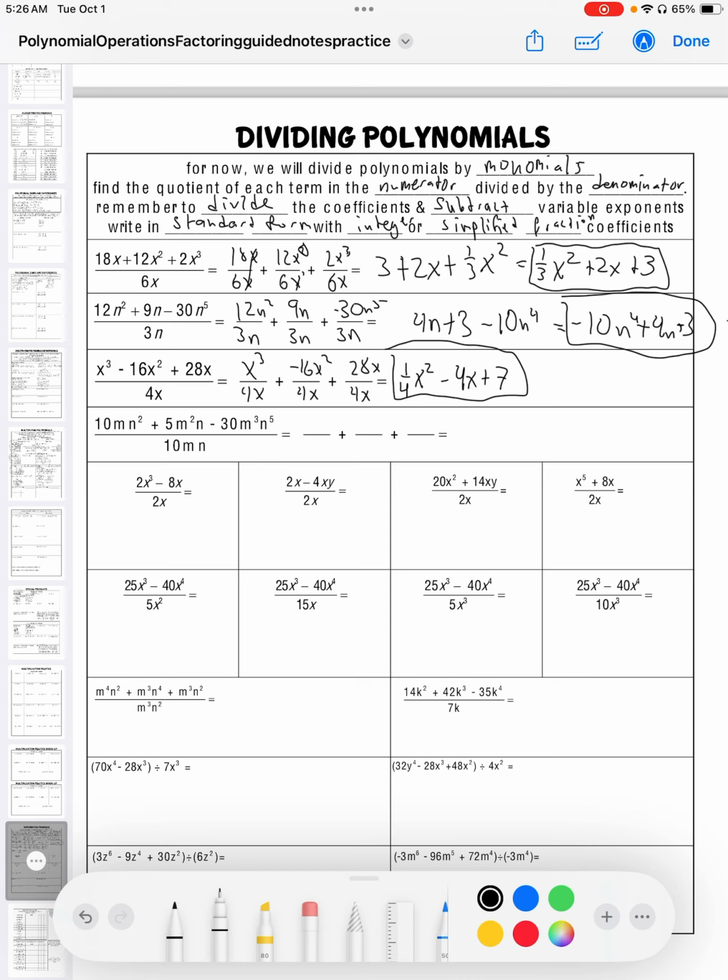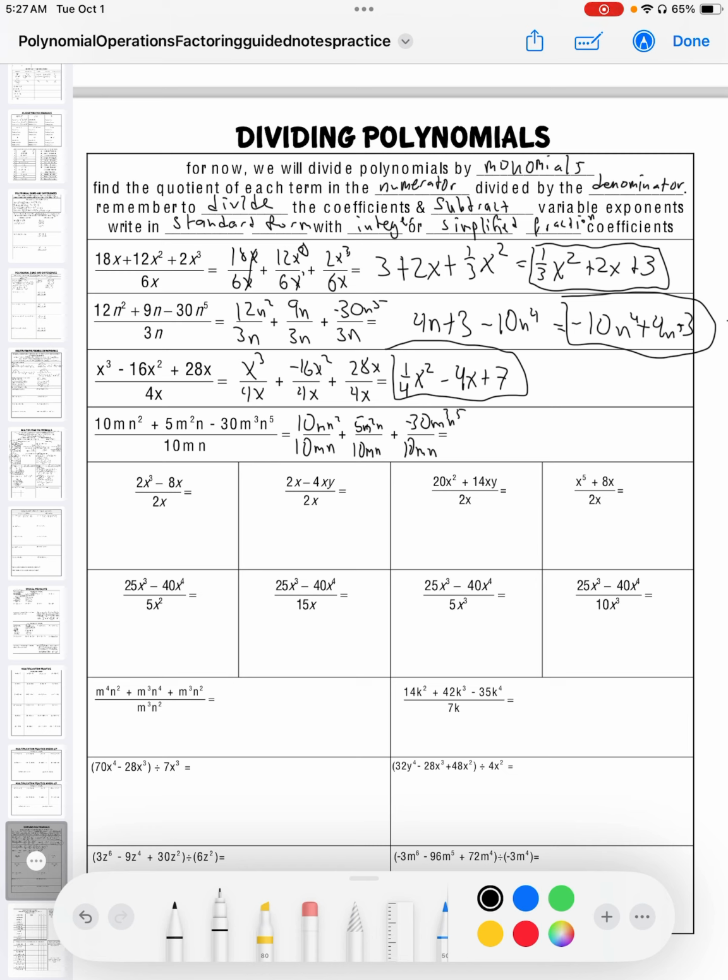So if we have 10mn squared divided by 10mn, then we have 5m squared n divided by 10mn, and finally negative 30m cubed n to the 5th divided by 10mn.